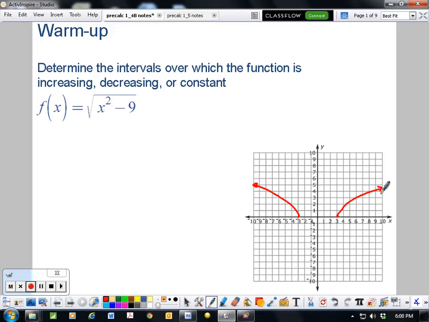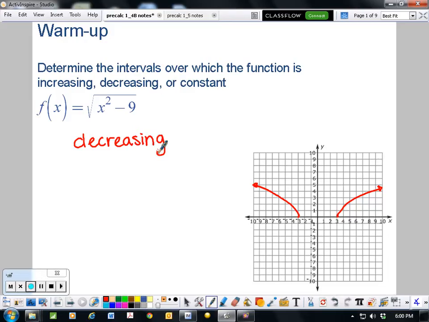the other starting at +3 and going out this direction. Looking at the left part of our graph, as we move from left to right, our graph is going down. So this is a decreasing part of the graph. And when we look at what interval it's decreasing, we look at our x values.